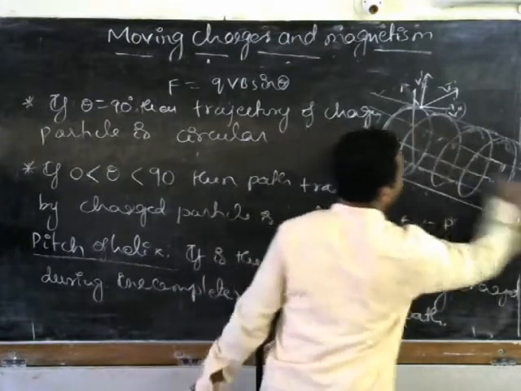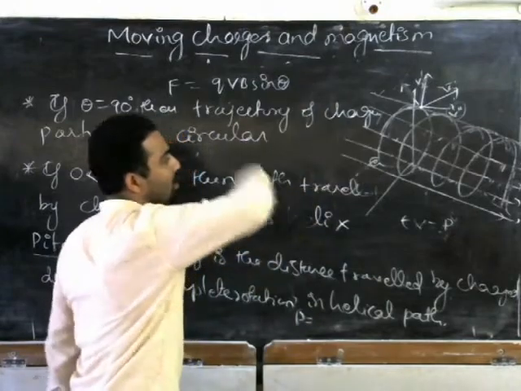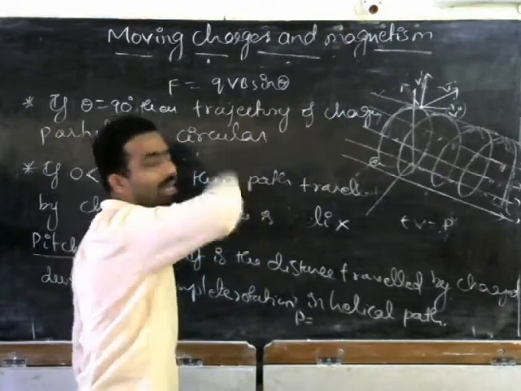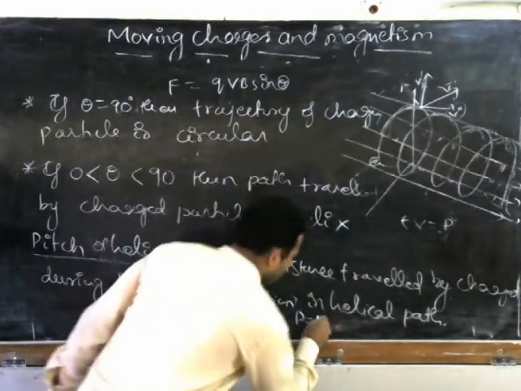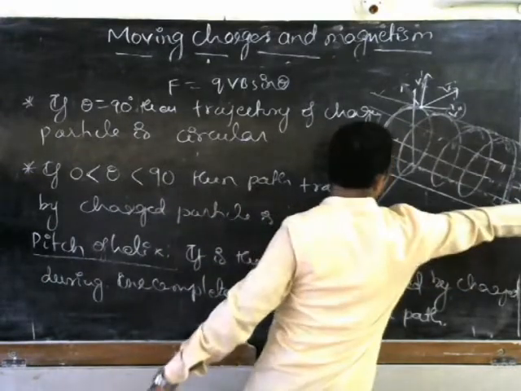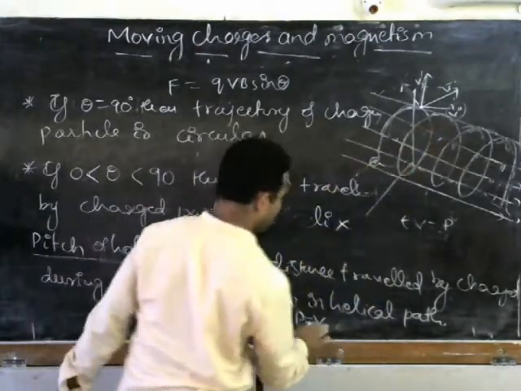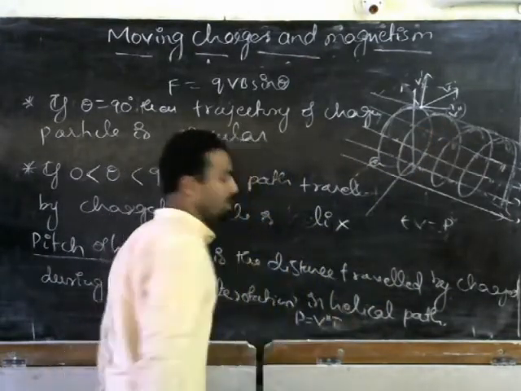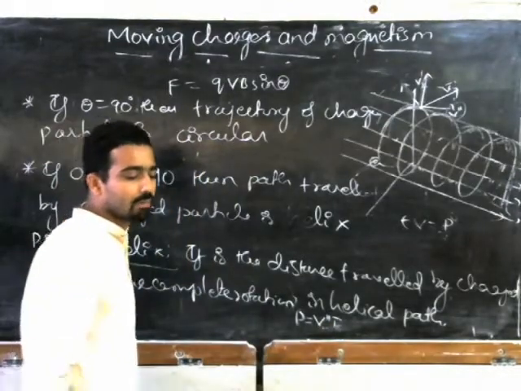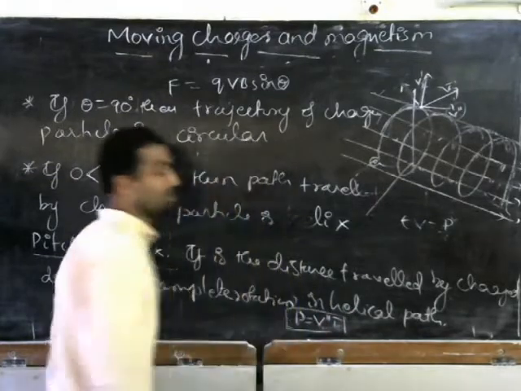It is moving along this direction, but it is following a circular, helical path. So P is equal to the velocity along this direction, v double dash, into T. P equals v double dash into T. So this is the equation for the pitch of a helix.